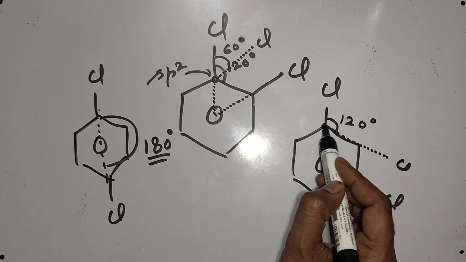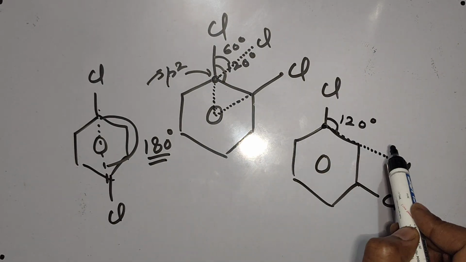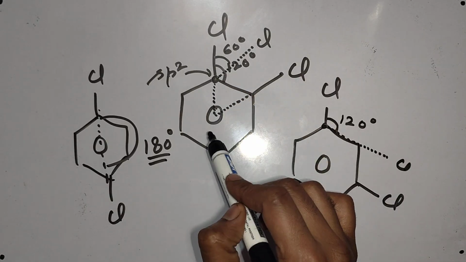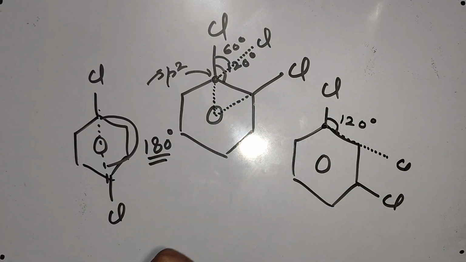It is sp2 hybridized, so obviously the angle will be 120 degrees. So in the meta case, between two chlorine atoms, 120 degrees. In the ortho case, 60 degrees. And here, 180 degrees.